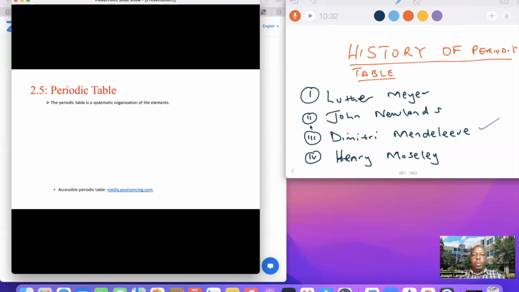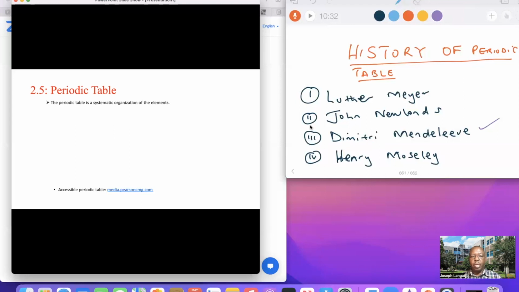There was some discrepancy he could not explain. However, Moseley was able to arrange the periodic table into the way it is right now by bombarding the nucleus and counting the number of positive charges.